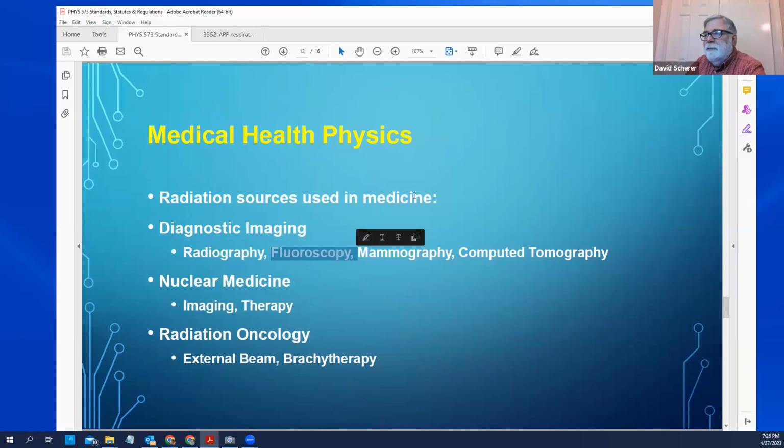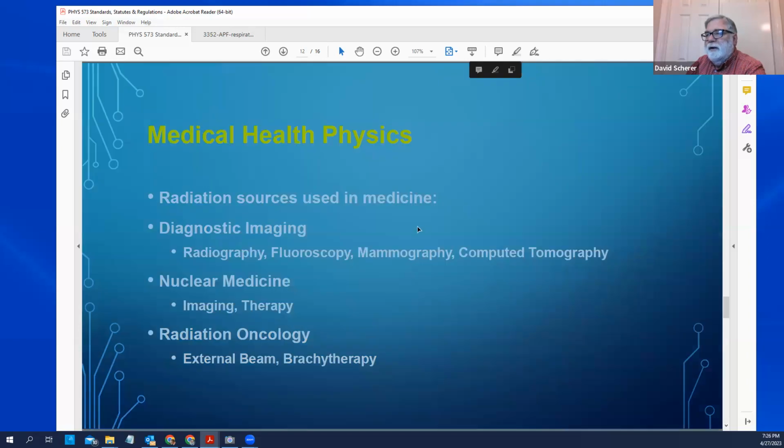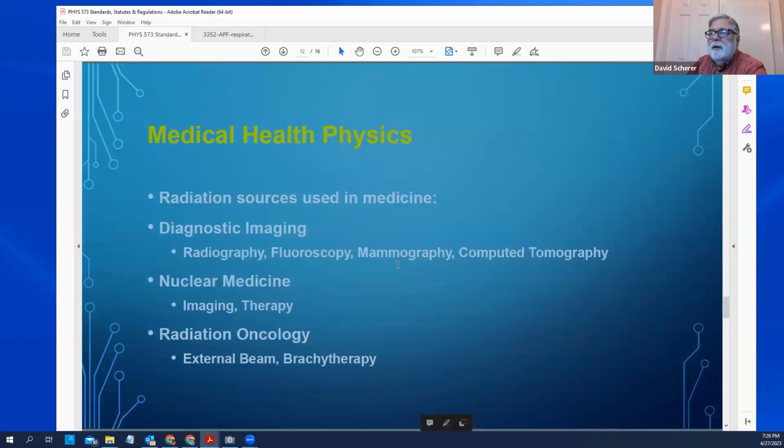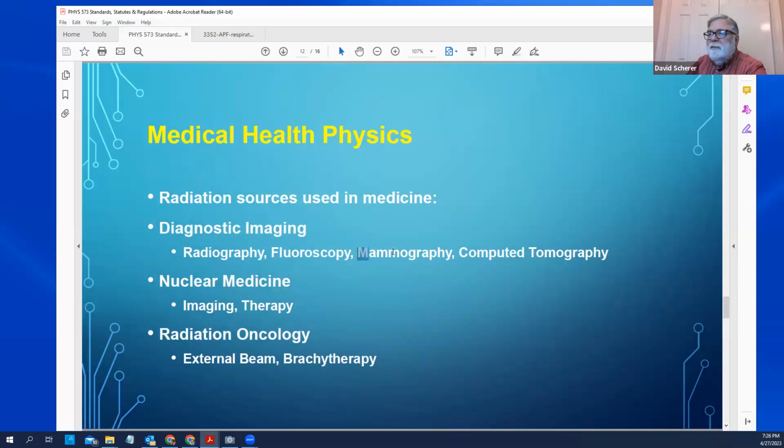They pose different risks both to the workers and to the patients. Mammography is of concern because exposures are to radiosensitive tissue, and it involves very demanding imaging techniques. It's very difficult. We're looking at very small differences in density that have to be observed.